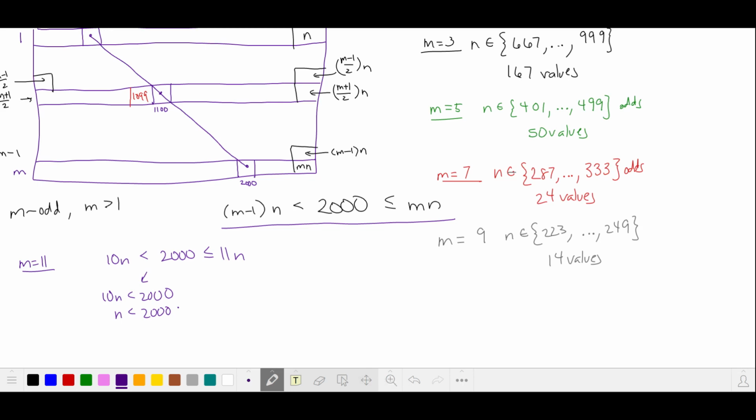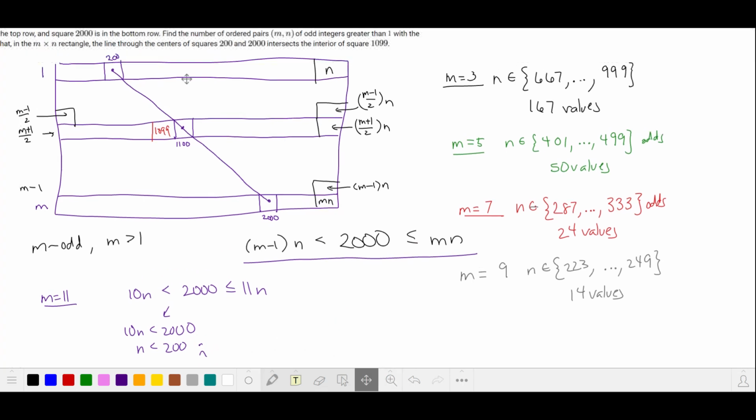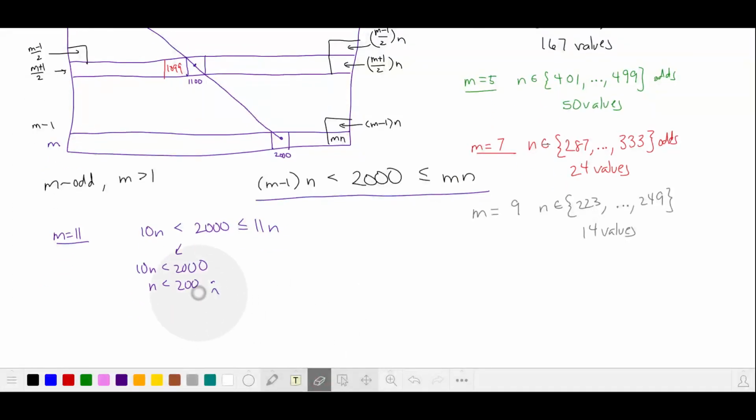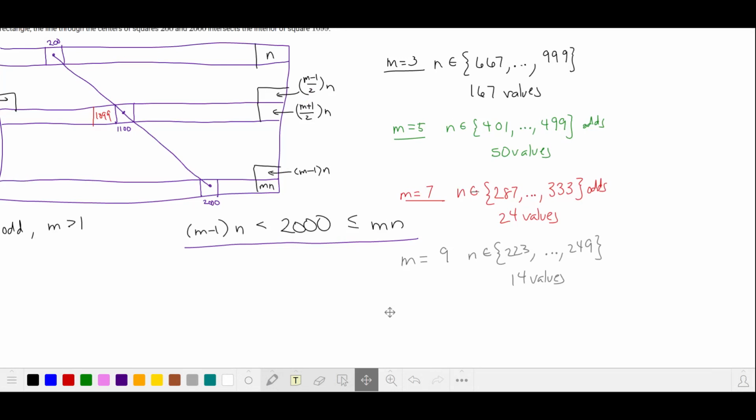Oops. That makes me sad because n has to be greater than or equal to 200 again in order for square 200 to appear in the first row. But the good news is that we can stop here. That's kind of nice. We've just narrowed down m to 4 values and n for some corresponding values of those.